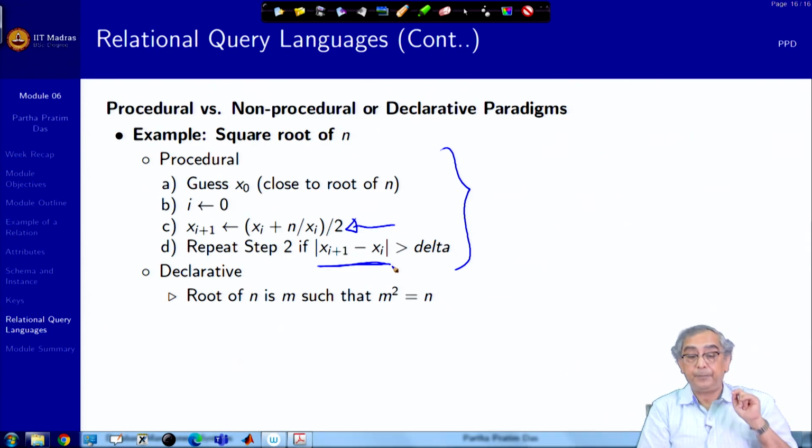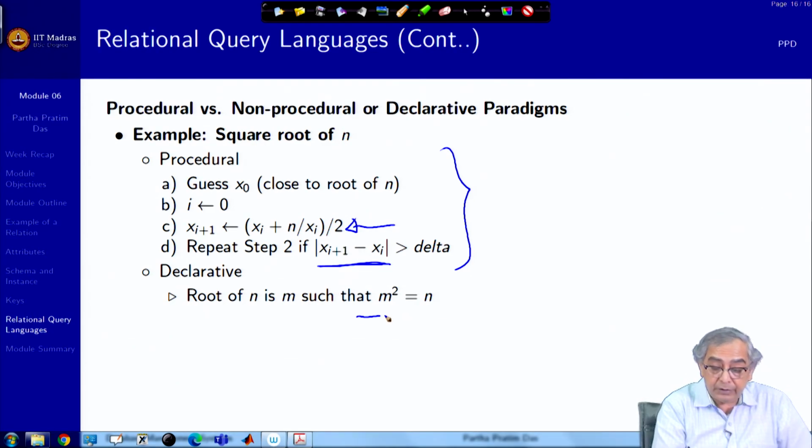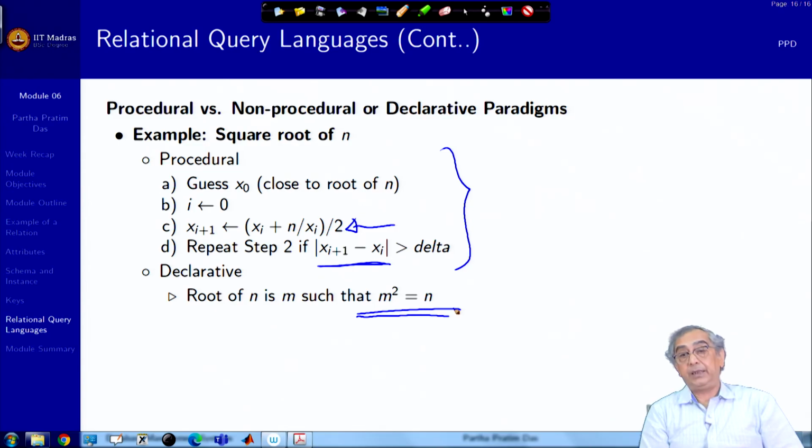This is procedural. Instead, if I could have a language, and there are languages like this, where I just say that I want, given n, I want to find an m such that m square is equal to n, then it is declarative, because I am saying what I want, not how I can get it. Right.